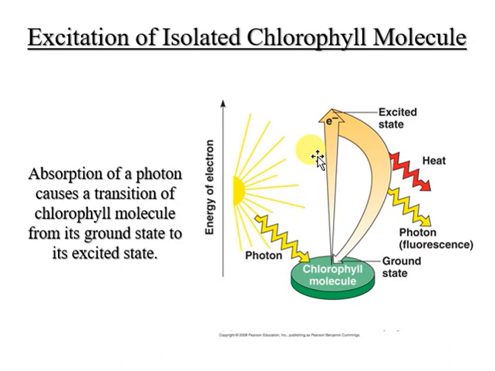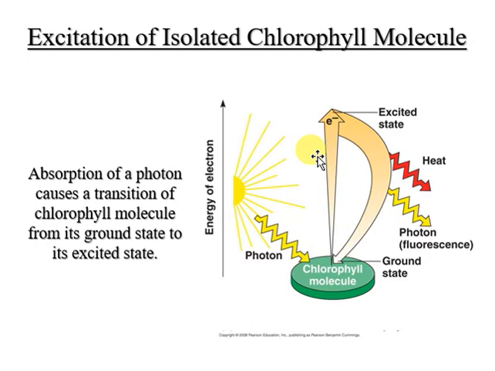The absorption of a photon boosts electrons to a higher energy shell, and at that point your pigment is said to also move into an excited state, a higher energy state.